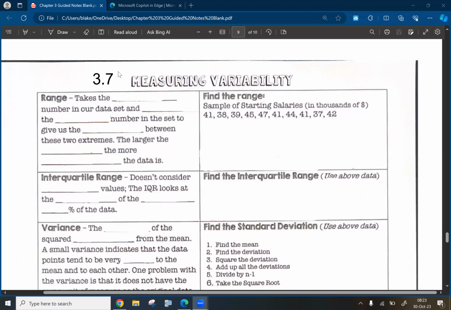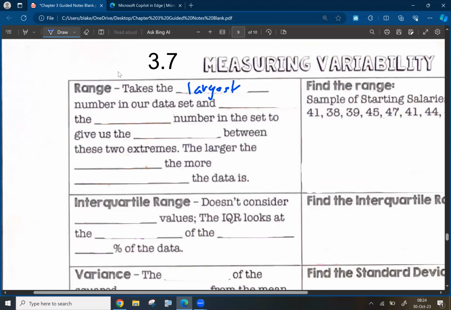Okay, so range takes the largest number in our data set and subtracts the smallest number in the set. It gives us the difference between these two extremes.